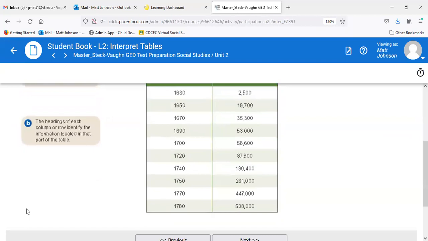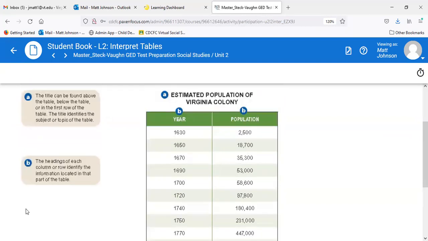I think there's going to be another audio clip after this, but our first table here, and always remember to take into account the title. They're going to be really important when you talk about data like this. So it says here, the title can be found above a table. Sometimes it's below the table or in the first row of the table. So the title identifies the subject or the topic of the table, just like whether it's an article you're reading or a map, same kind of idea.